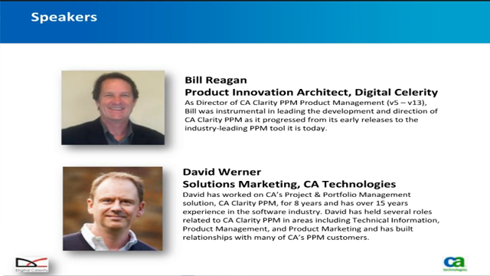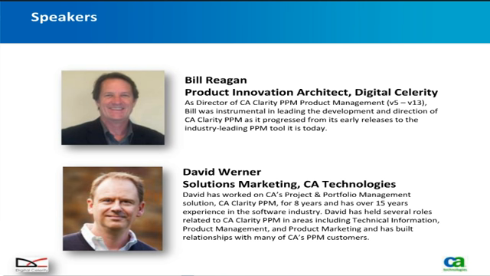Okay, thanks, David. Hi everyone. I'm Bill Reagan, and I spent about 10 years working with Clarity, and almost all of it in Clarity development as a product manager. In the last 6 years, I was actually director of product management for Clarity, overseeing the product roadmap and the direction of Clarity, and took it from release 8 all the way to the most recent release of V13.